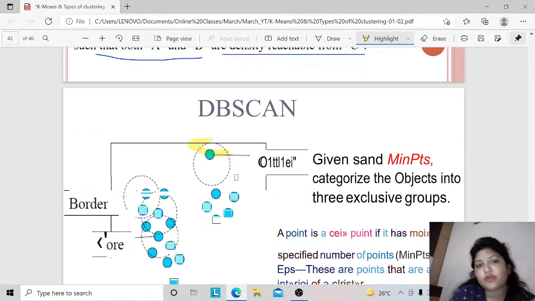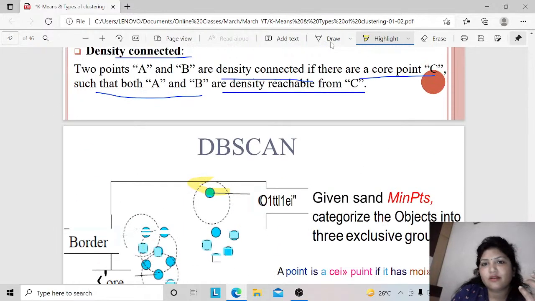In the case of a noisy point, suppose I have used my epsilon, which is taking the radius. Somewhere you are calculating the number of points. It could be on your boundary, it could be an outlier, it could be noise.